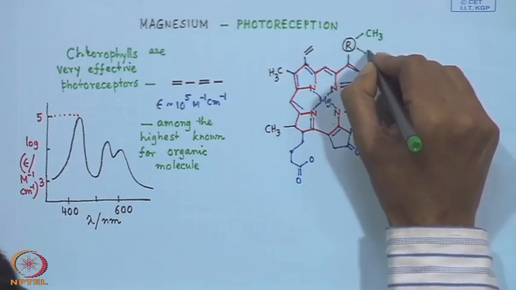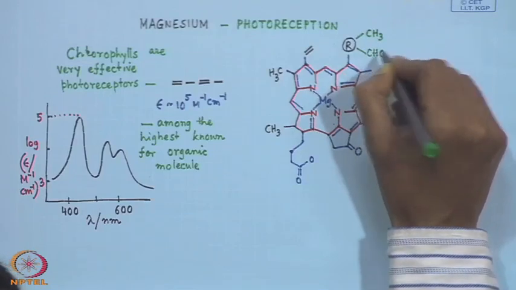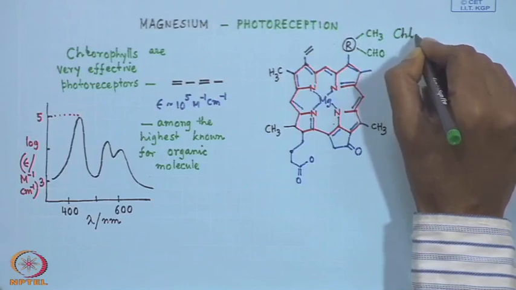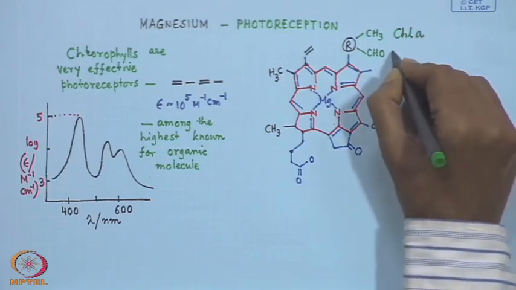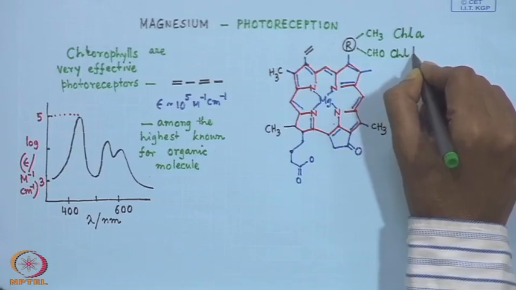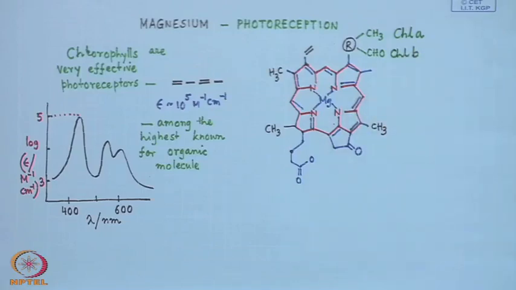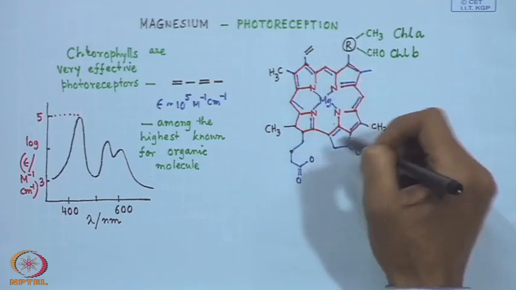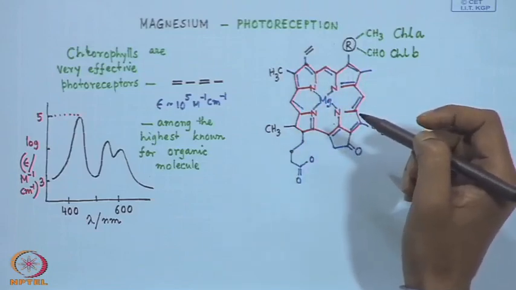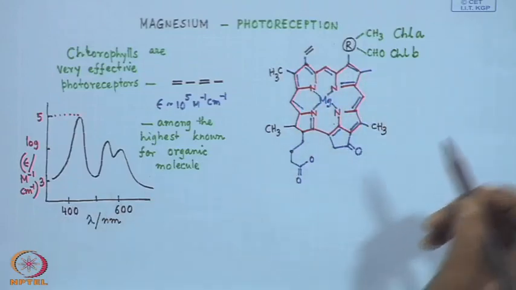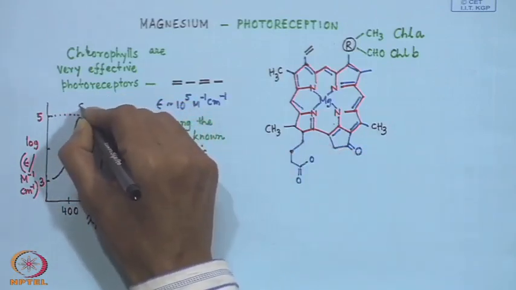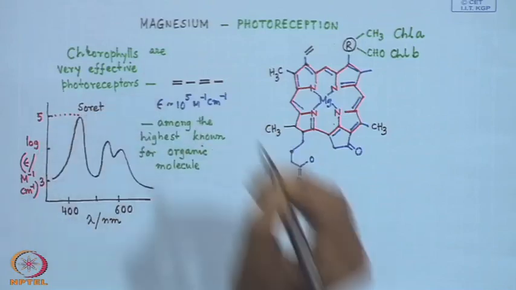or R can be your aldehyde function. This is chlorophyll A, and this is chlorophyll B. So, not only the backbone of this porphyrin ring is helping for absorption of light in this particular region, and basically this is our Soret band.